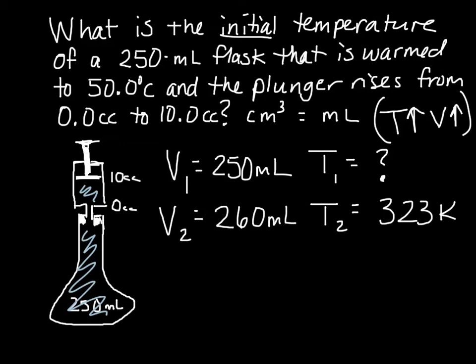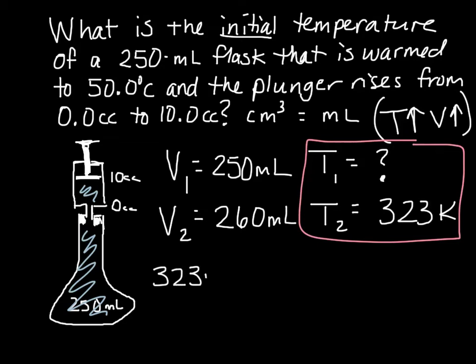Okay, here's where the fun comes in. We're going to start with what we're looking for. So we're going to start with that 323 Kelvin. But we have to think. Do we want 323 to increase or decrease? Some of you are like, well, we want the temperature to go up. Well, that's true, but if we want the temperature to increase, what does this initial temperature have to be?